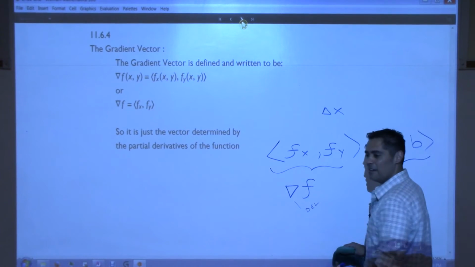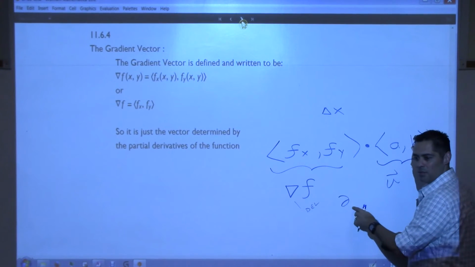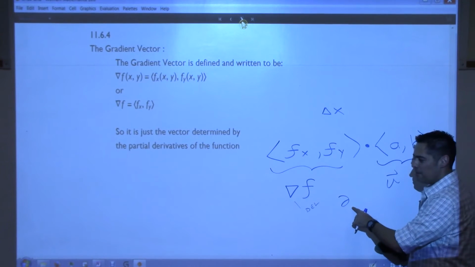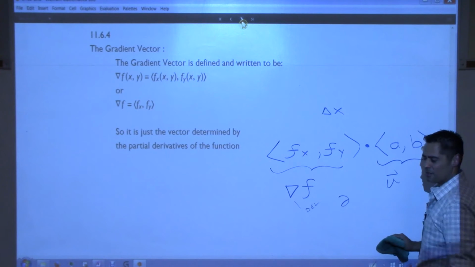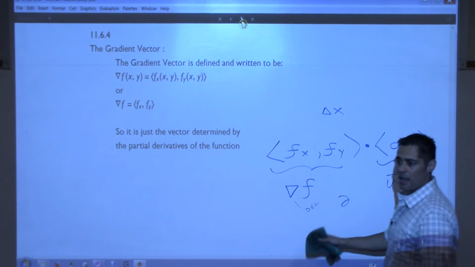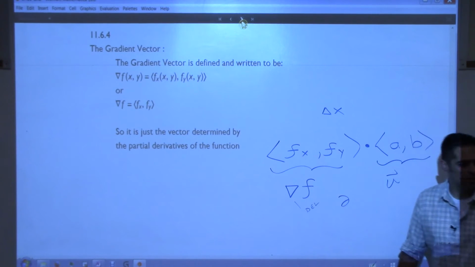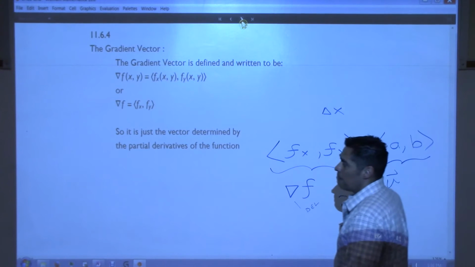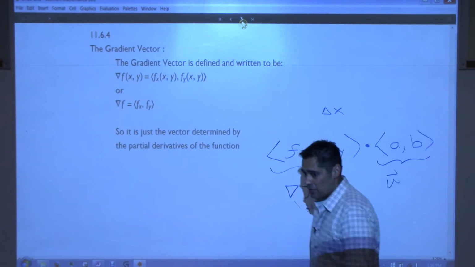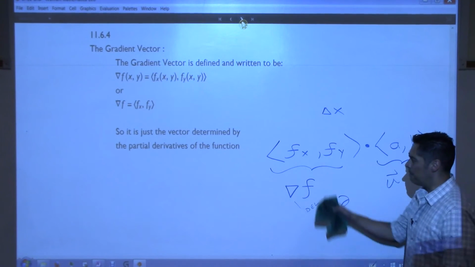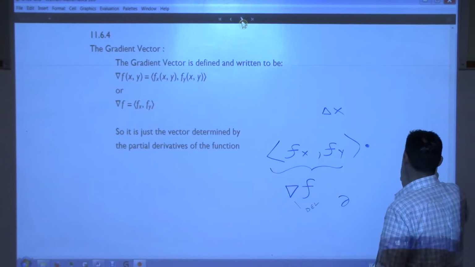It's called del, which is also what I told you this symbol is called for the partial derivative. So same name for two different symbols. It's confusing, I understand. So del f, you'll hear me say del f, and that's what I'm referring to, all right? So just remember that the gradient vector is exactly that. It is a vector, and it's just made up of partial derivatives. That's all it is. Gradient vector is just a vector with the components being partial derivatives.